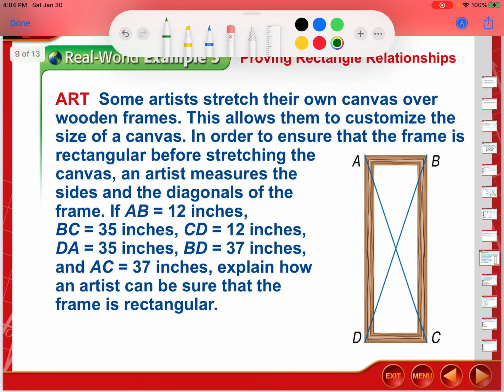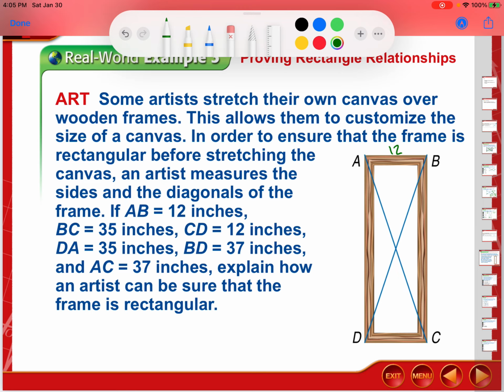So, some artists create their own canvases over wooden frames. This allows them to customize the size of their canvas. In order to ensure that the frame is rectangular, before measuring the canvas, an artist measures the sides and the diagonals of the frame.